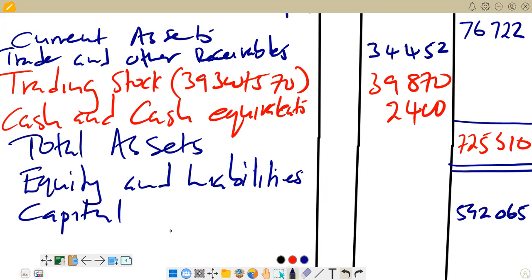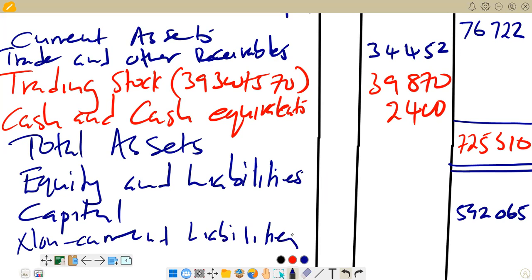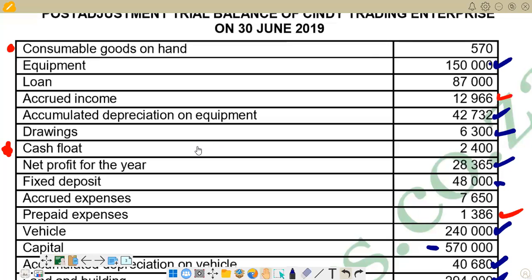And beneath that, we go to our liabilities, and we are going to start with non-current liabilities. For non-current liabilities, remember we are going to look for loan there. The figure for loan that we have there is 87,000.